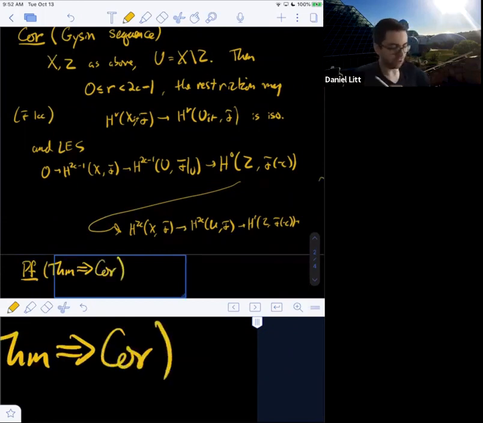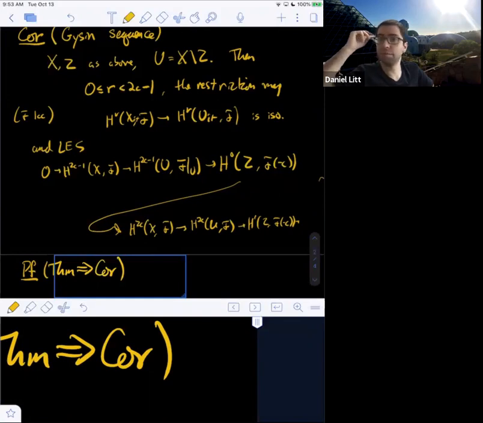So can anyone tell me how to do it? So what did purity do? It gave us a way to compute cohomology with support. So somehow we're going to have to use that, right?